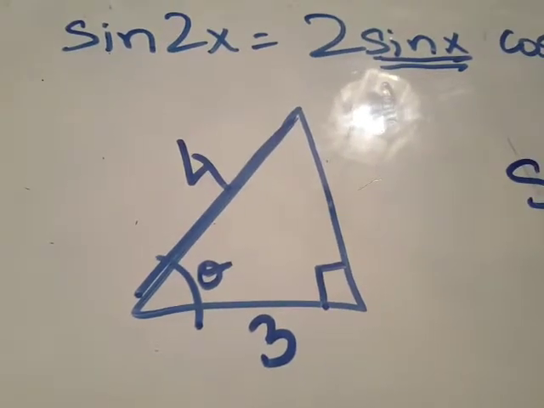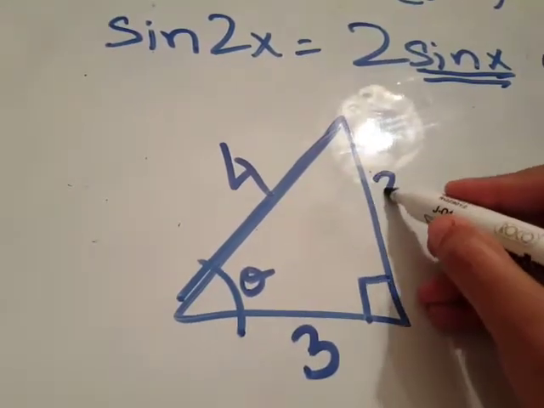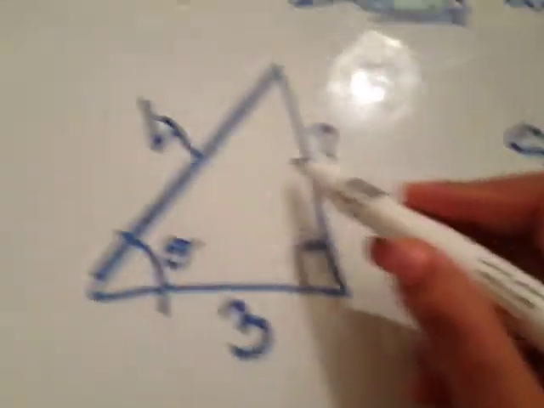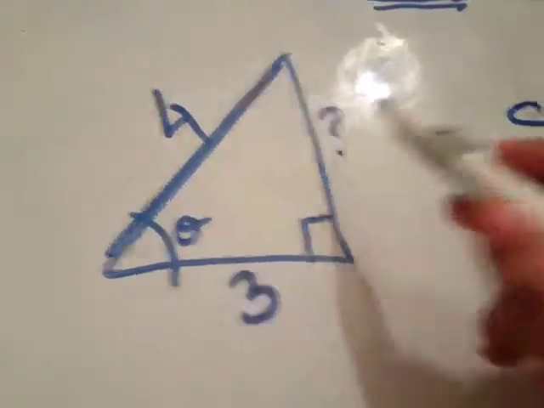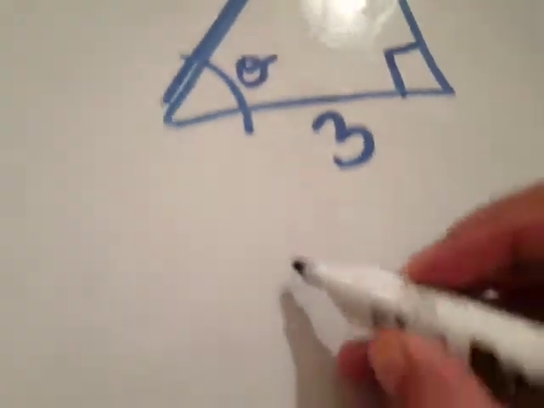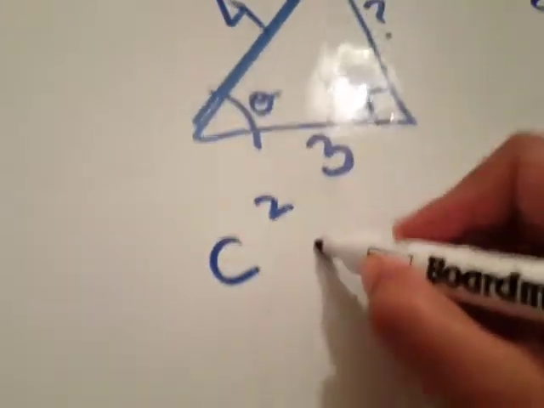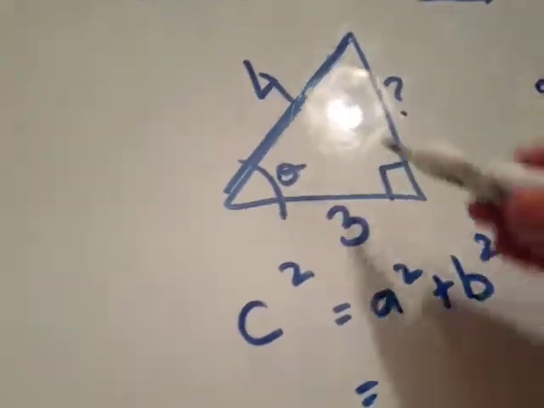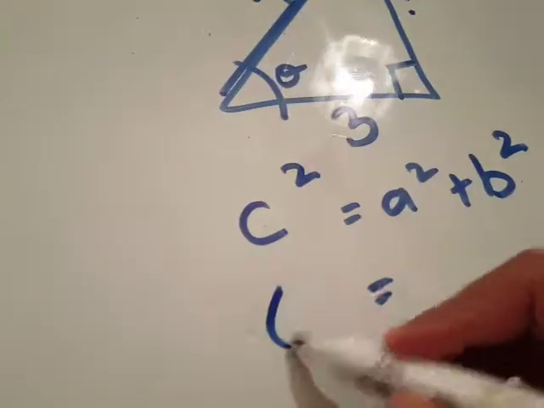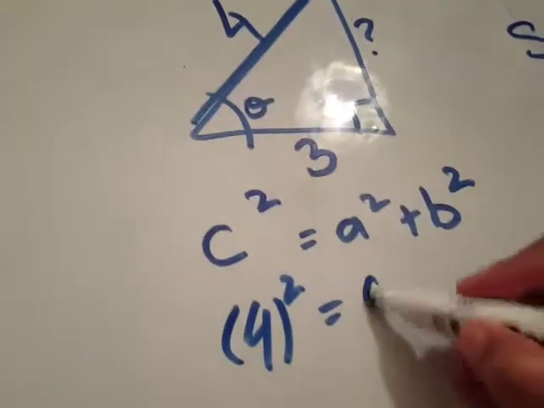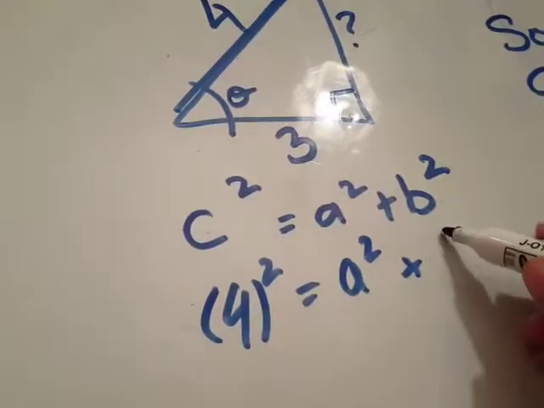Now I need to find this value, because for sine, I need the opposite side, since sine is opposite over hypotenuse. I know the hypotenuse, but the opposite side is unknown. So how can you find the opposite side? By using the Pythagorean theorem, which is c square equals a square plus b square. What is c square here? This is 4 square. And let's say this is a square and this is b square.